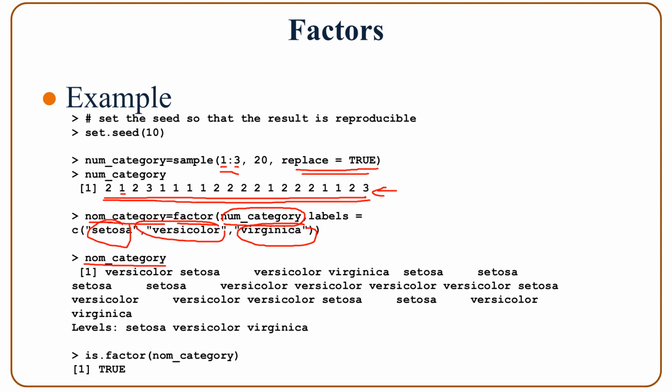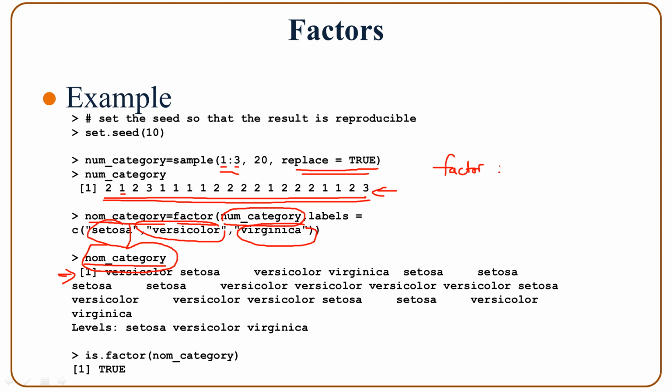And now we treat this variable, this num category, as a nominal variable. So you use factor to create or to convert to a nominal variable, right?